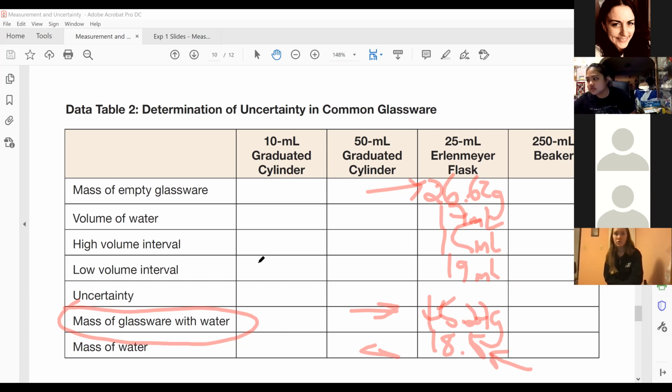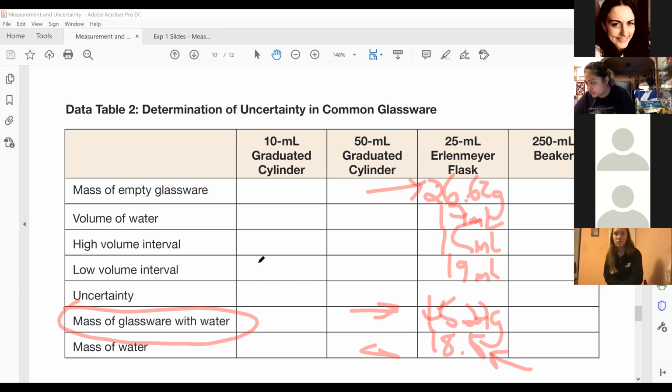Is one of the little marks 0.01 or 0.1? On the 10 mil, notice there's 5 marks between every mil. So each one of those is 0.2.